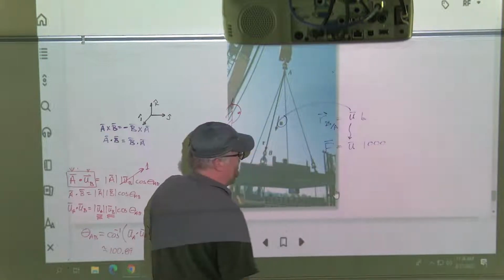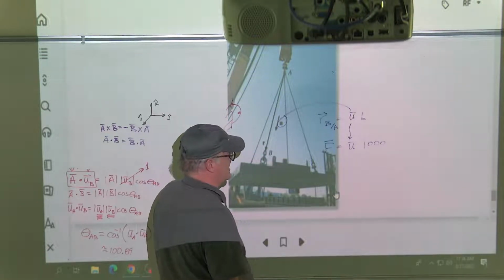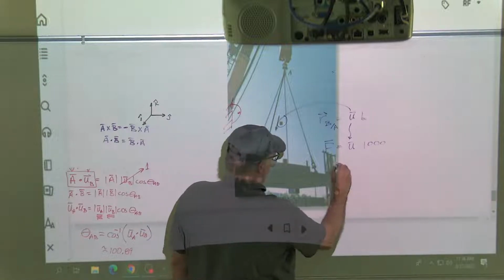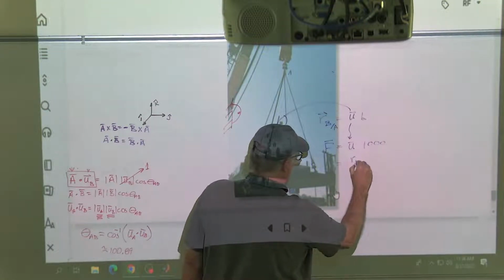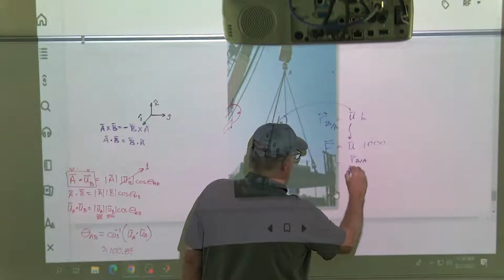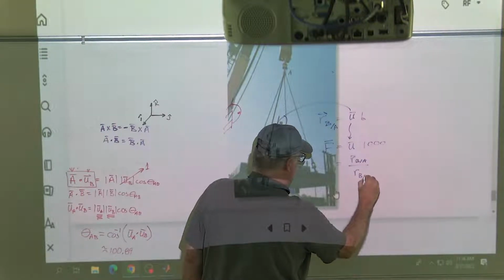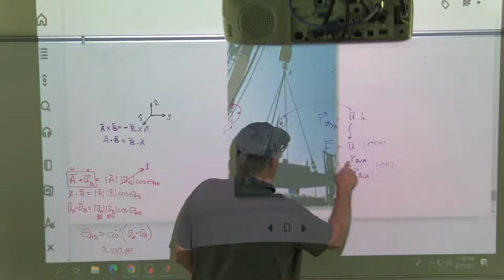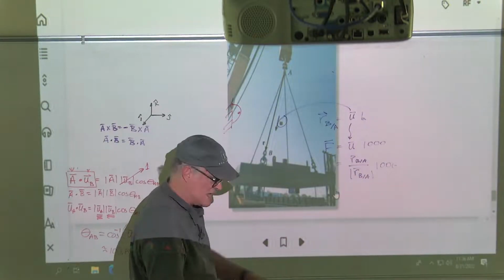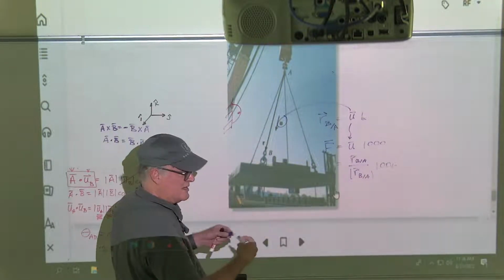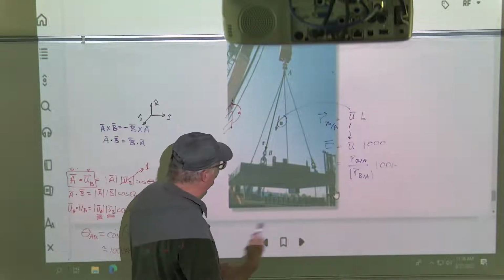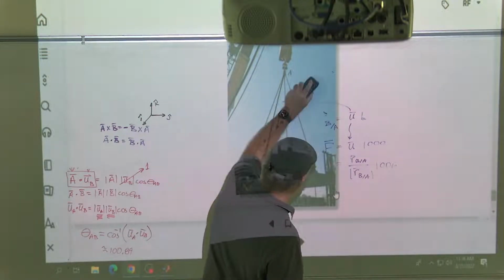Well, that unit vector is R B to A over R B to A, the same thing, times 1,000 pounds. So we just found a unit vector that points towards B from A. And so this is what we're going to be trying to do.